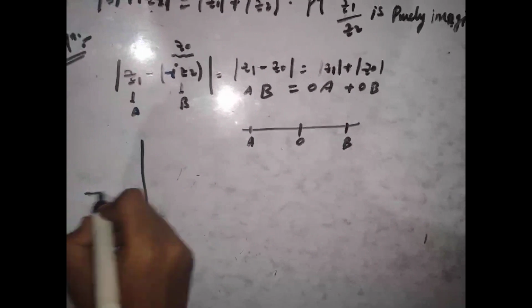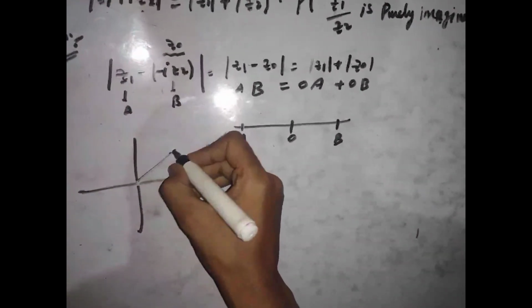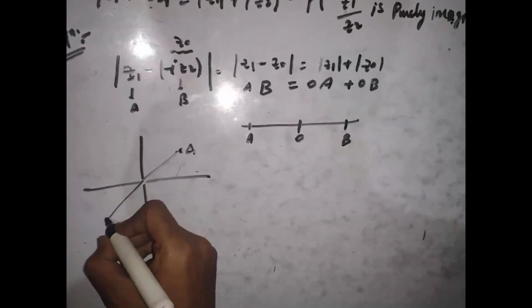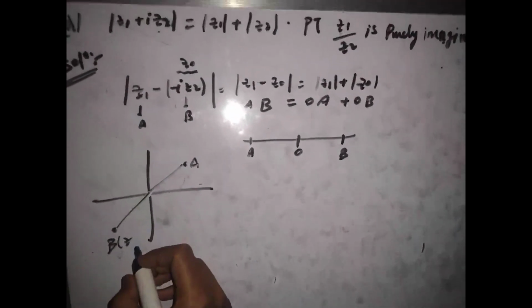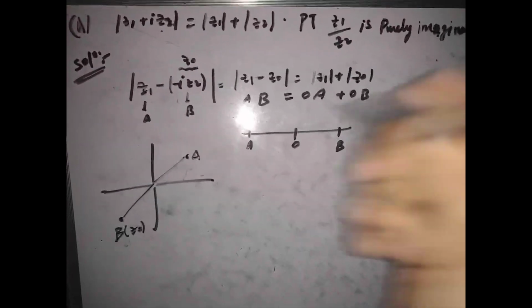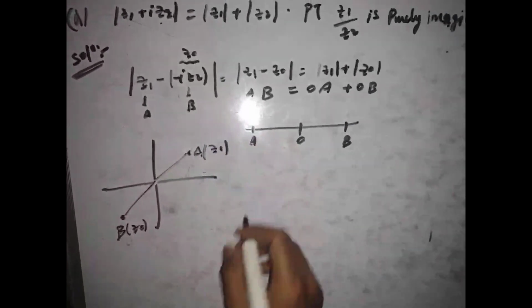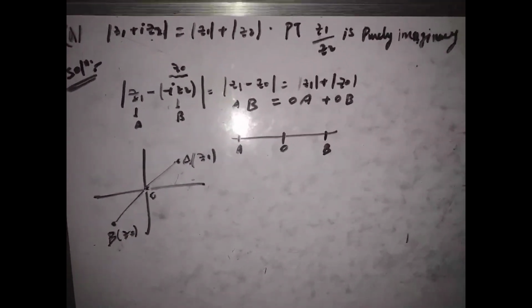This is A and this is B, okay. If we plot this in complex plane, we'll see that A is somewhere here, okay, A, this is B, this is Z0, and this is Z1, and this is our origin, okay.